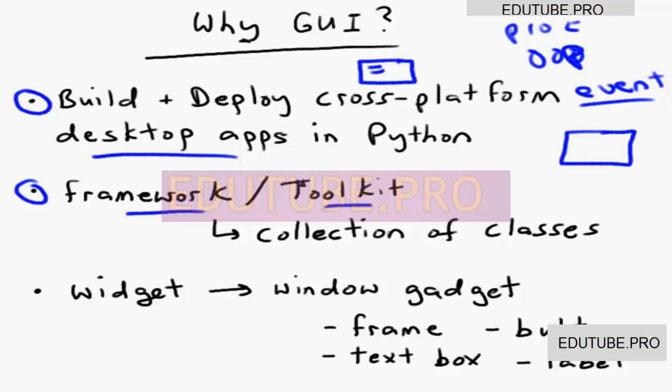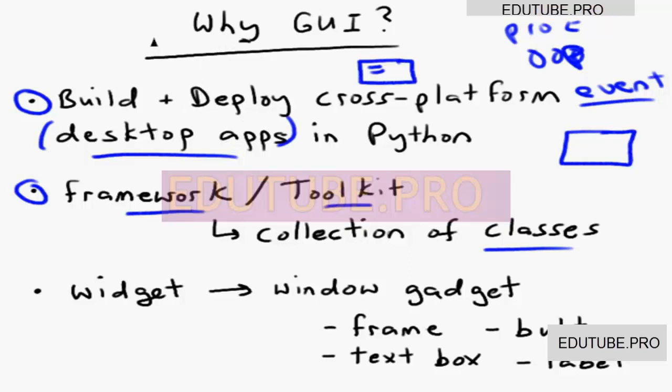In the Python literature, you'll commonly see references to frameworks or toolkits. They're about the same thing. What a toolkit or framework is really at base is a collection of classes that you can subclass from or instantiate objects from directly. That'll obviously save you a lot of work having to just start from scratch.